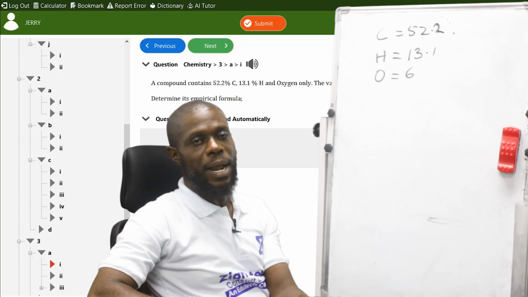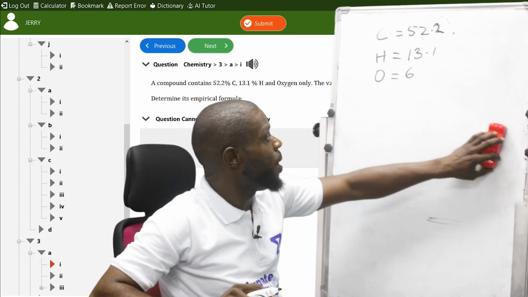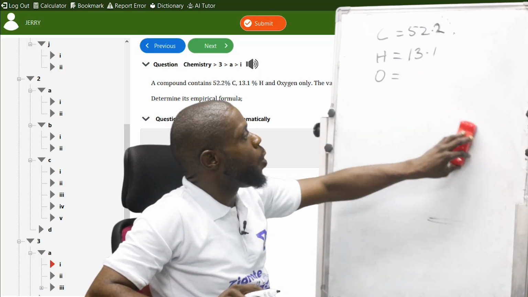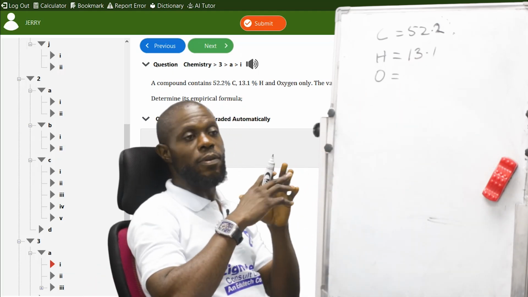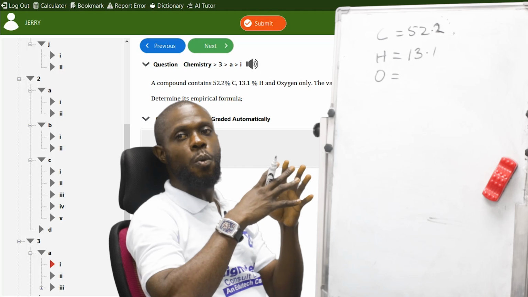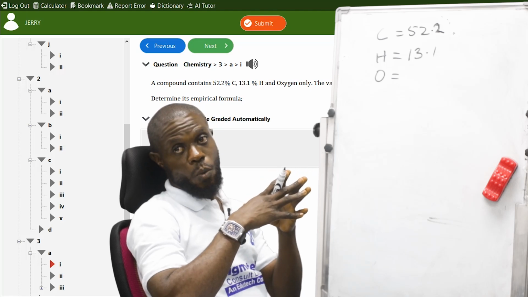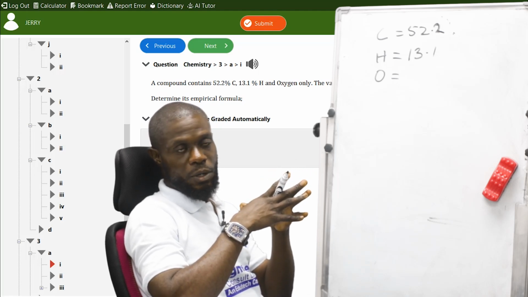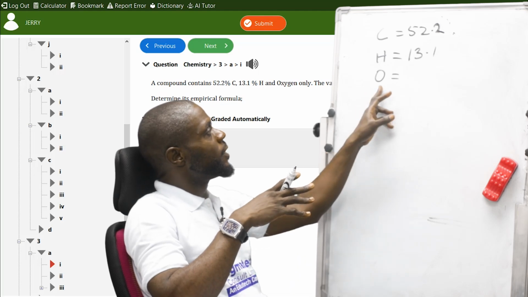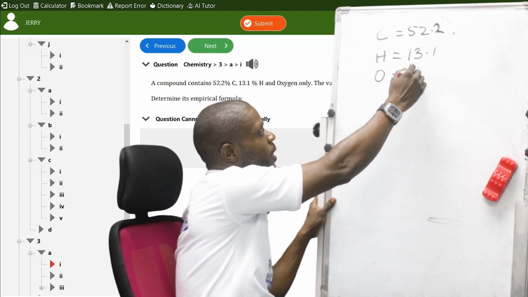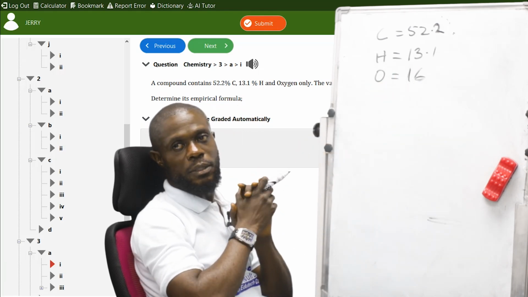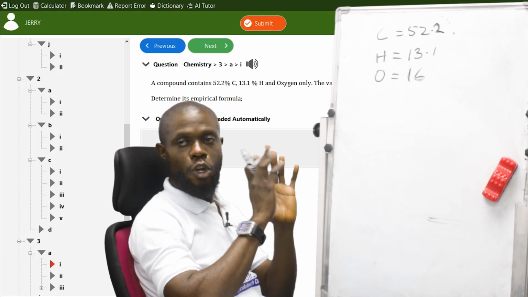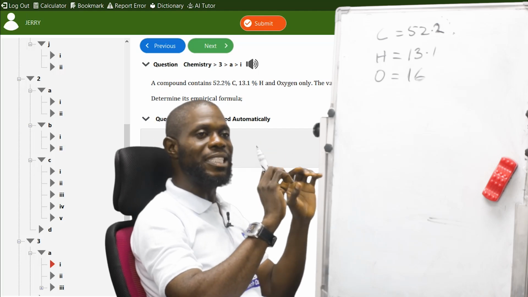But in solving empirical formulas, we work with their molar masses. So therefore, this oxygen will be 16. Since the percentage is not given, it's going to be 16 because that is the molar mass of oxygen.